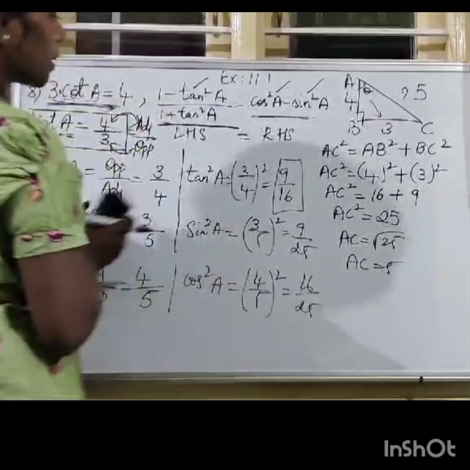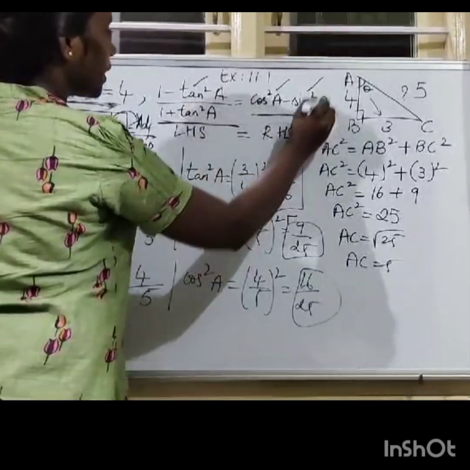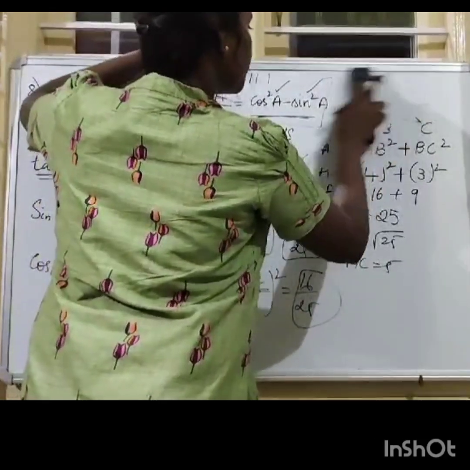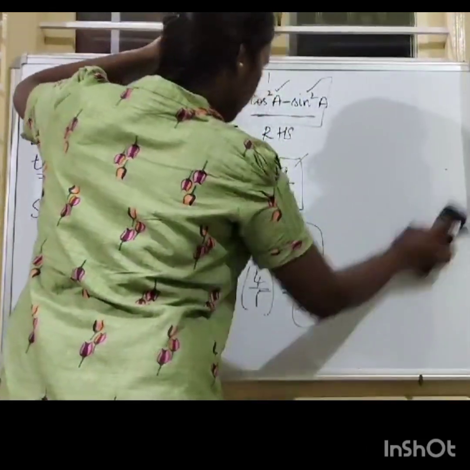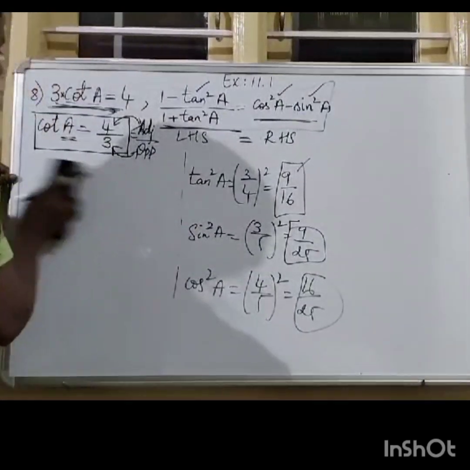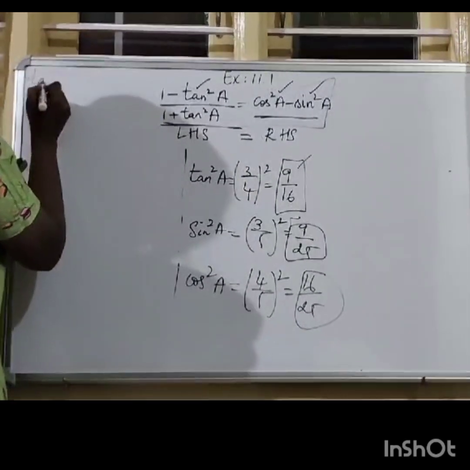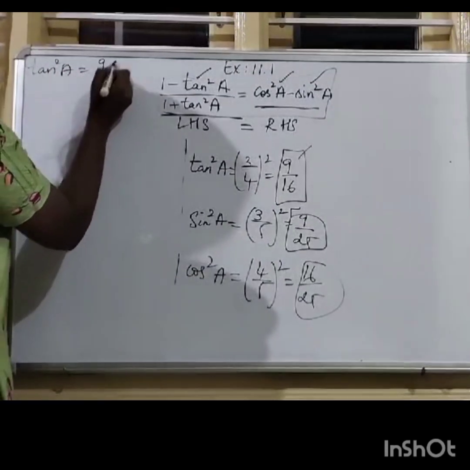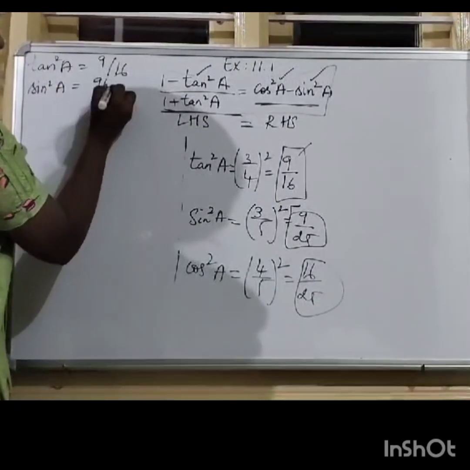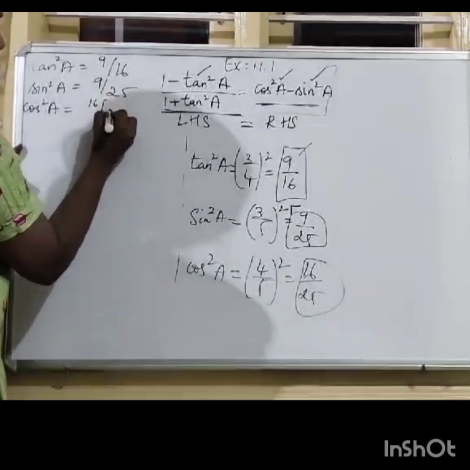So now we will substitute these values in this given equation and let us find out whether LHS is equal to RHS or not. So let us write down: tan square A value is 9 by 16. Sin square A is 9 by 25. Cos square A is 16 by 25.